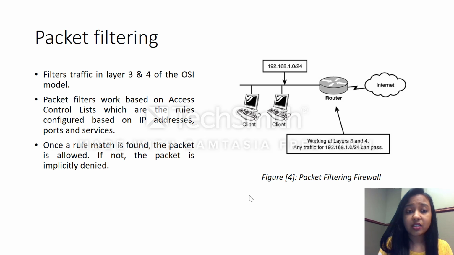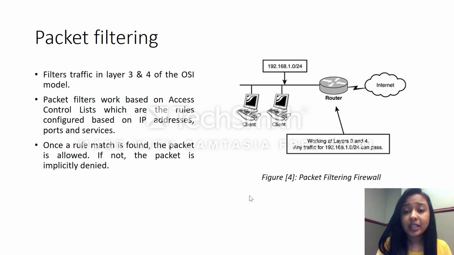They work based on access control lists, which comprise a list of rules based on the source IP and the destination IP, the source port and the destination port, and the different services or protocols that operate in layer 3 and layer 4 of the OSI model.